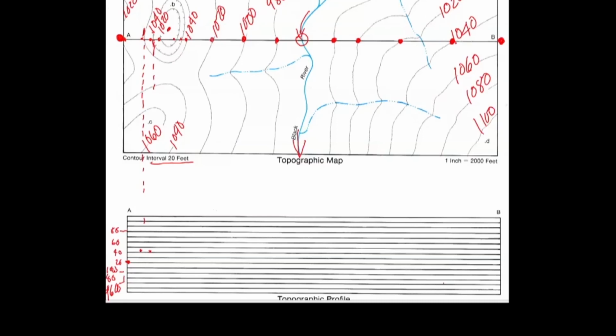Then 1,020. 1,020 again. So this is a little tedious, but it's just a matter of transferring elevations to the correct place on the diagram. 1,020.